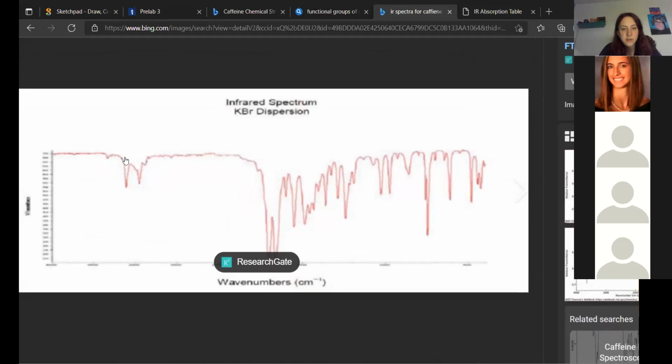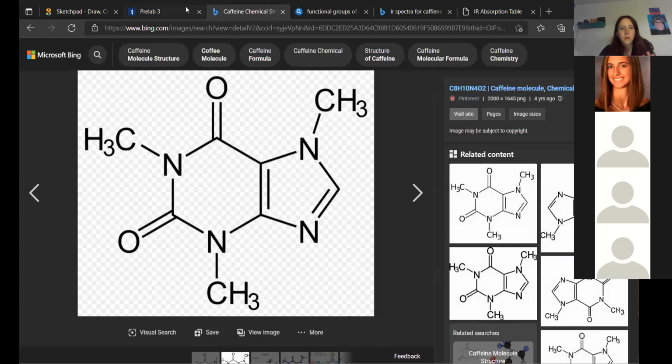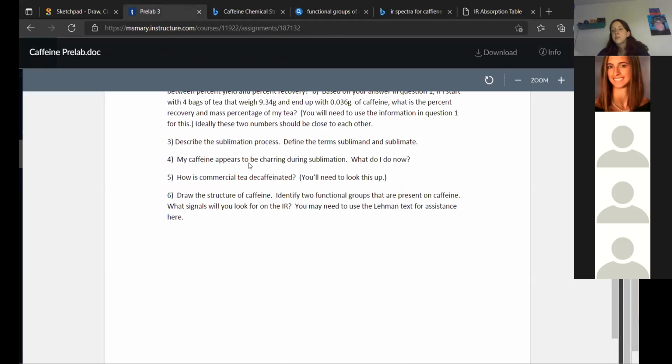And you see these two peaks right here? Those are probably the amide and amine peaks. For that question, all you have to do is write down two functional groups and then look up their IR signals and just cite where you found that information. Again, that one's tricky because you guys haven't learned it, but you're expected to look it up and get those signals because you don't have to know them off the top of your head.